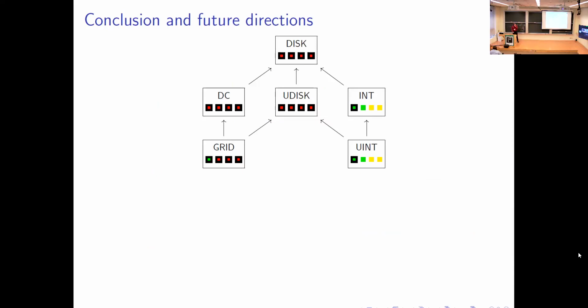So these black boxes correspond to our results, and the two green boxes that are not black in int and uint correspond to the result of Bessie, and the yellow ones are unknown.